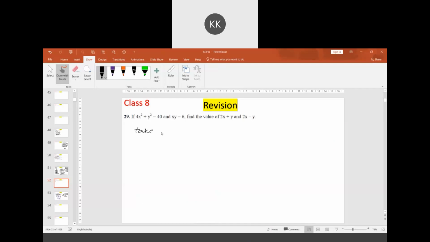Now let us take 2x plus y whole square. Let us use this identity. This will be equal to 2x whole square, 4x square, plus y square, plus 2 times 2x into y. Is it right? A plus b whole square. So 2x plus y whole square will be equal to 4x square plus y square plus 4xy.